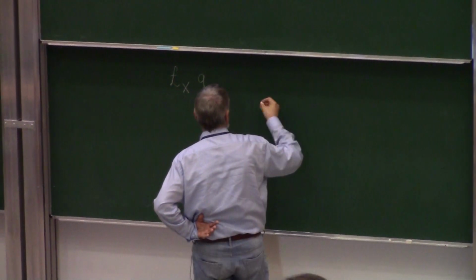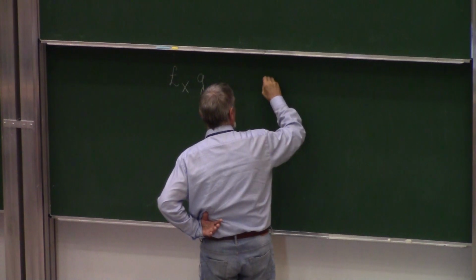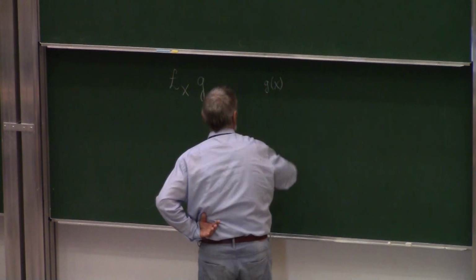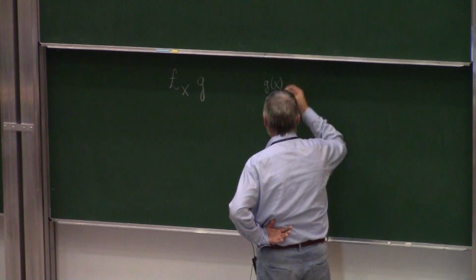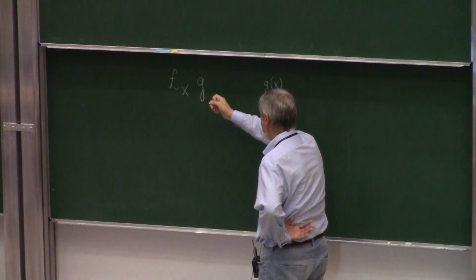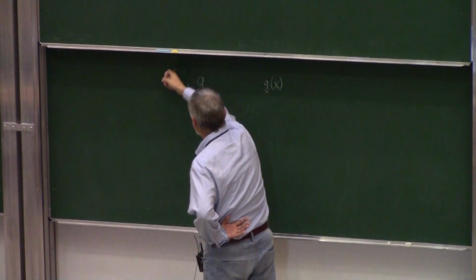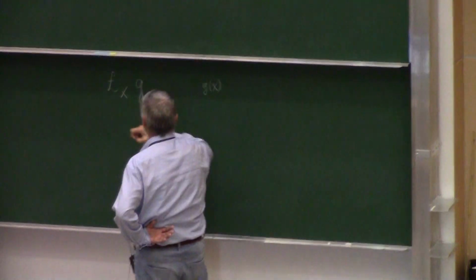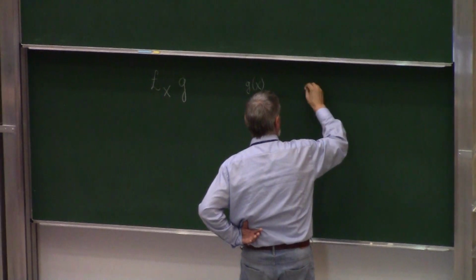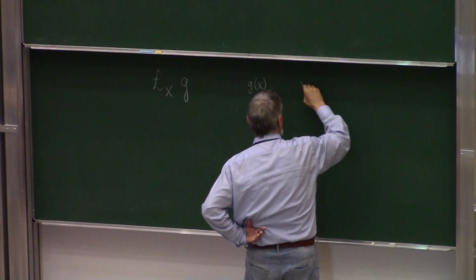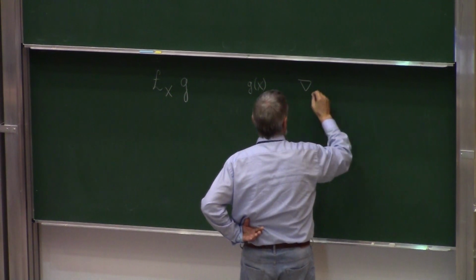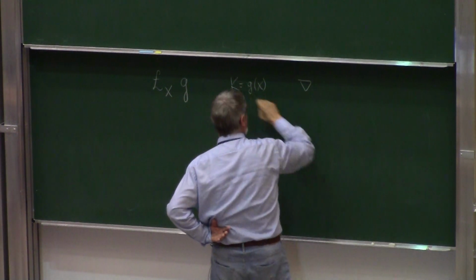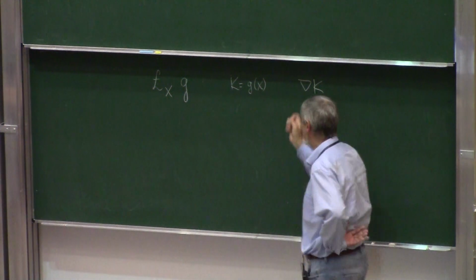If we pass to, let's say, one form, then this equation, or rather this tensor, is equivalent, up to some multiplication, to the symmetric part of the nabla of this, let's call it K, nabla K. So it's a symmetric part.